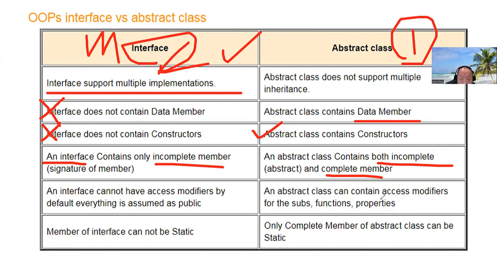Object class can contain access modifiers, so public, private, those kinds of things. And with interface, everything is public. You do not allow any private data or private function. Interface cannot be static. An abstract class can have static members. Is that okay so far?